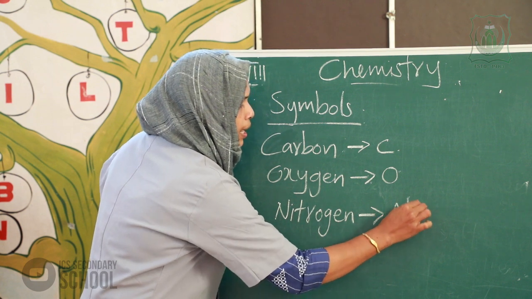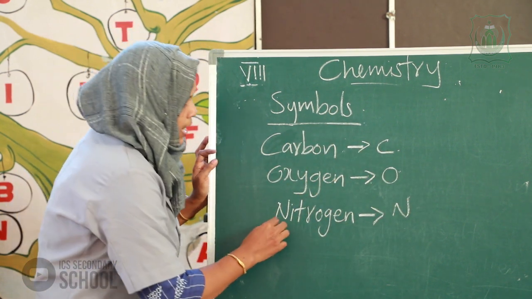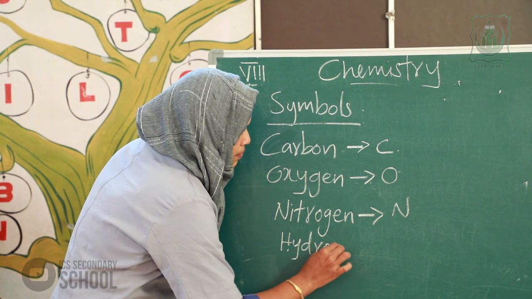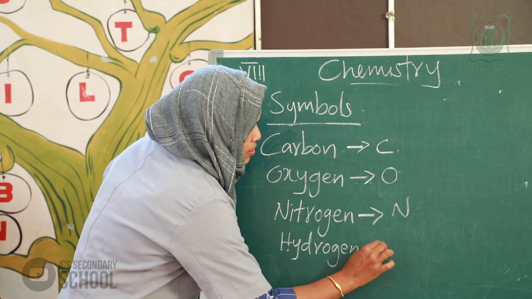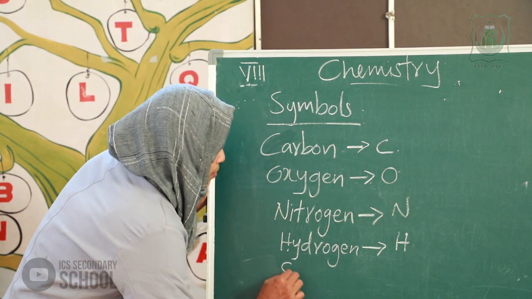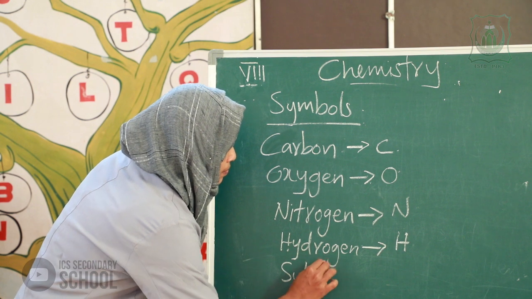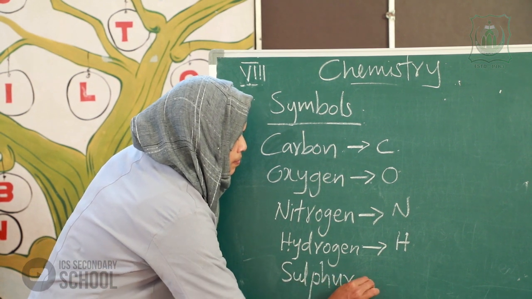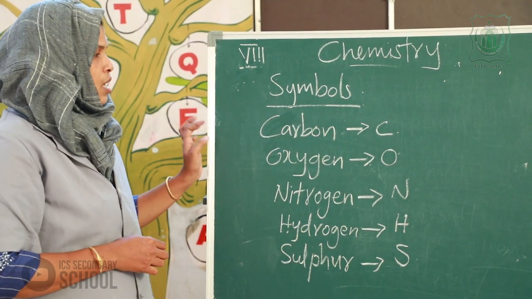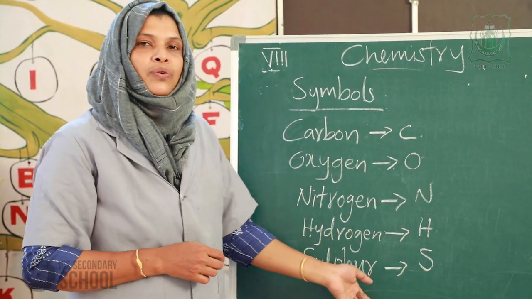Nitrogen, symbol N. Next one, hydrogen. Symbol H. Next one, sulfur. Symbol S. Okay, what is the peculiarity you found here?